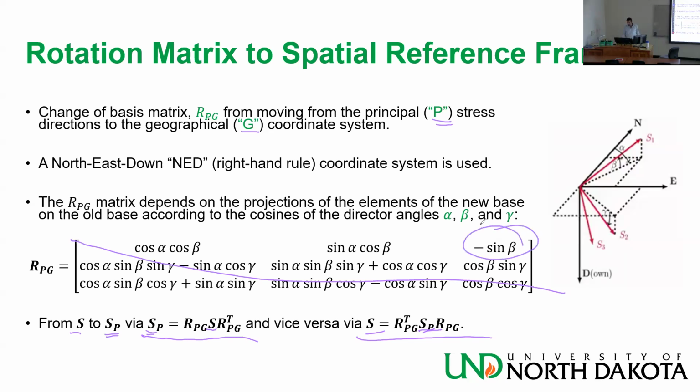So this is row 1, column 3. It will become row 3, column 1. It will switch with this. So if I want to transpose RPG, I will do this.